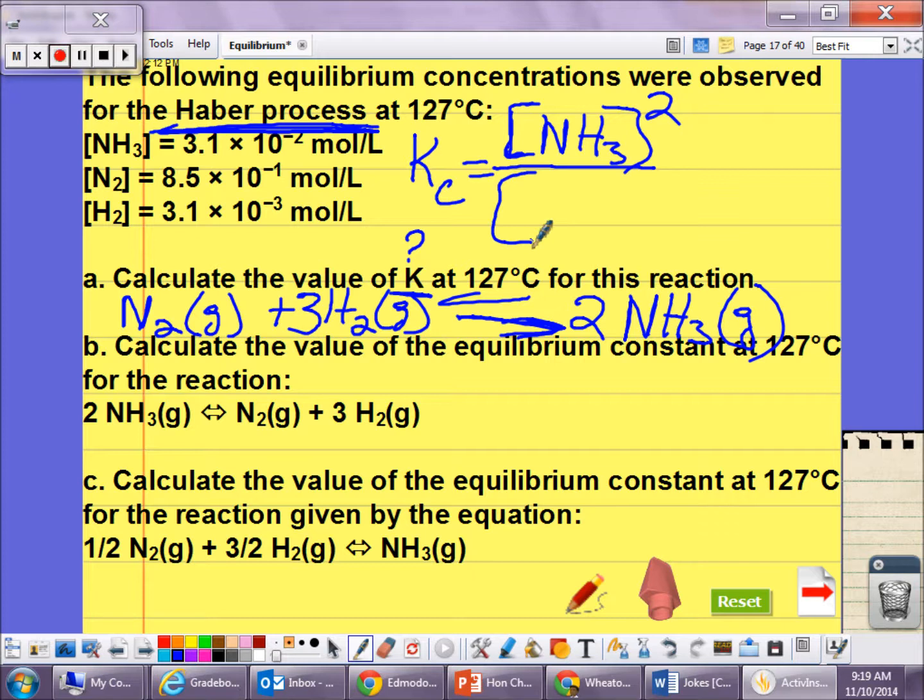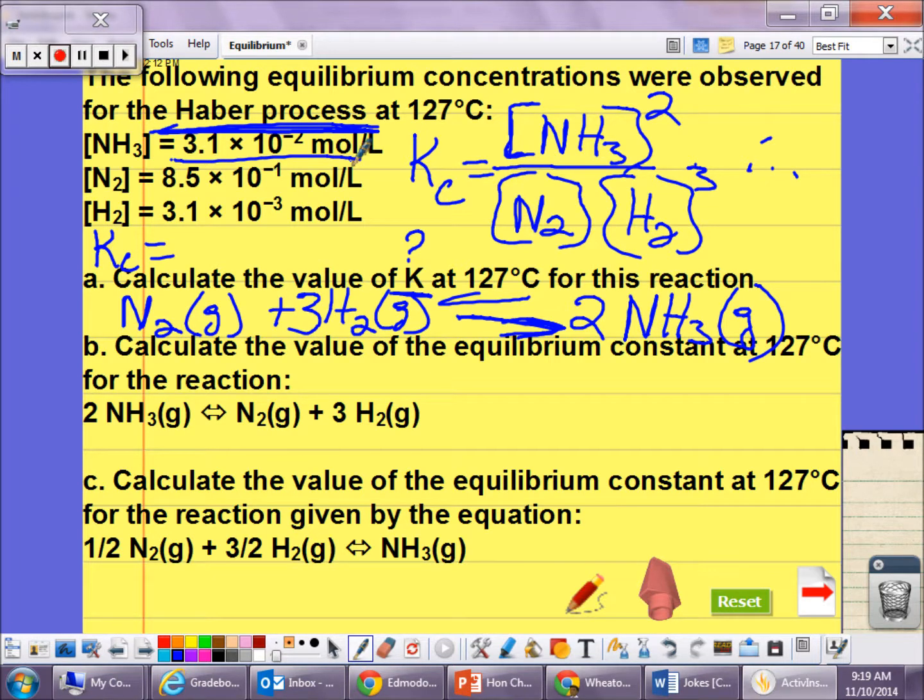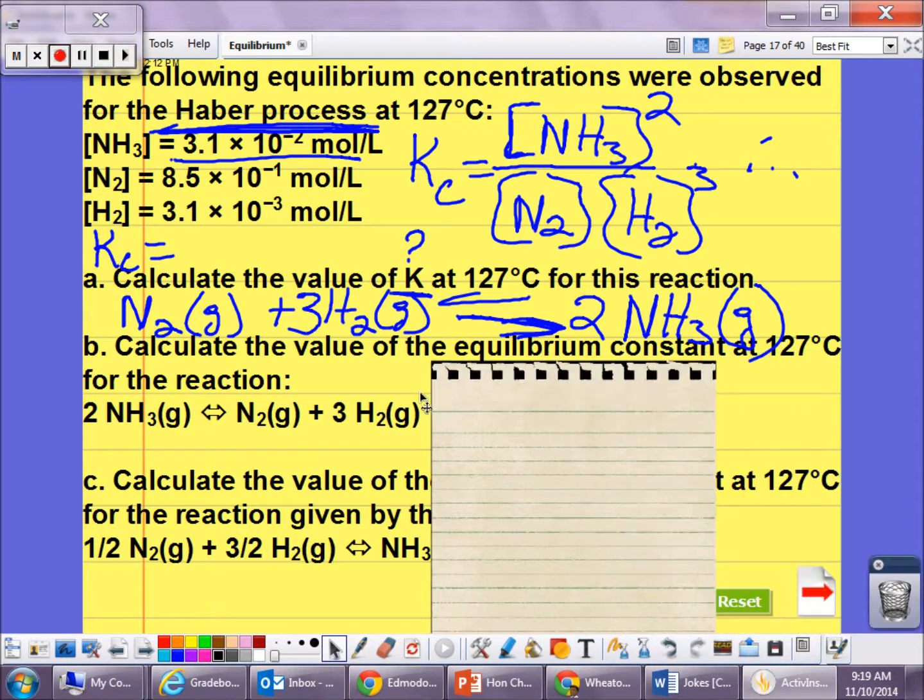So we have N2 concentration, molarity. This is your H2 cubed. And then you go to a next line, you write down your Kc equal, and then you plug the numbers. I have the concentration of ammonia, which is, let me create a little bit more space here.